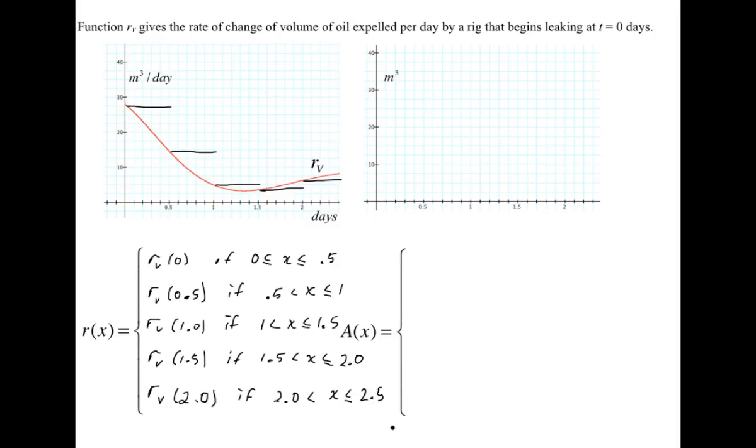Then on the next line, it's 0.5 less than or equal to x. Because there's a jump at x equals 0.5, and the y value cannot be the same for both. The y value at the end of the first segment cannot be the same as the y value at the start of the second segment.